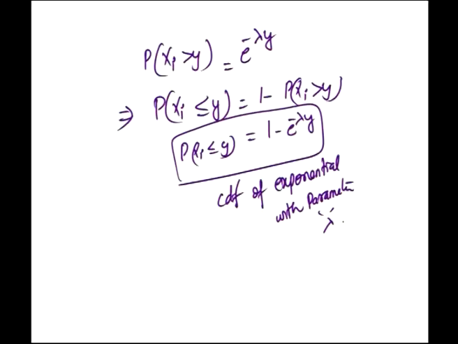Okay. Hence, we have proved: if Y1, which is the minimum of X1, X2, etc. up to Xn, follows exponential distribution with parameter n lambda, then each Xi from which the minimum has been taken as Y1 follows exponential distribution with parameter lambda. Hence, proved.